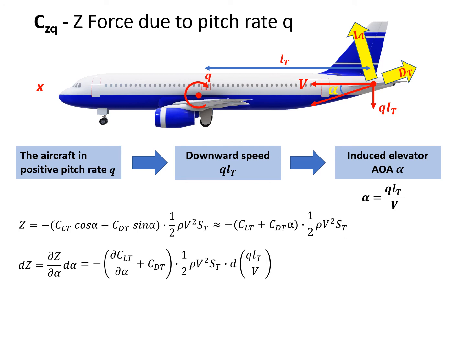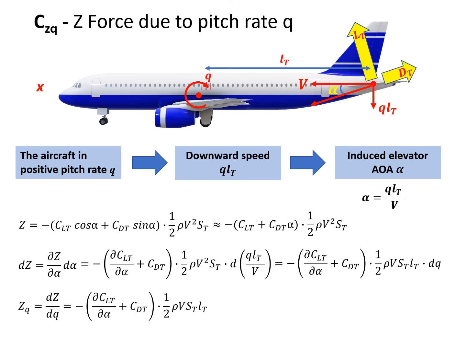Since we are looking at partial Z partial Q, and on the right hand side we do have dQ in a bracket, we need to do some simplification further. I'm not reading it. The next step is we calculate partial Z partial Q: we just do the derivative of dZ, and dQ is eliminated on the right hand side, so it eventually becomes this expression.